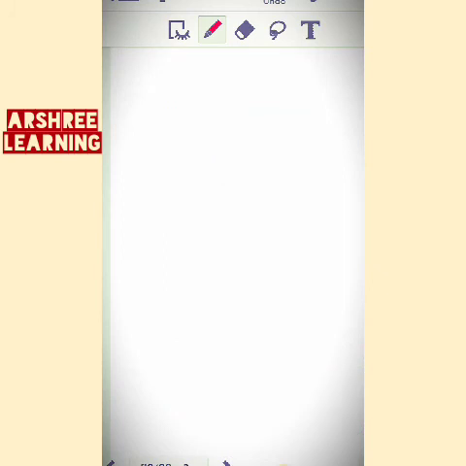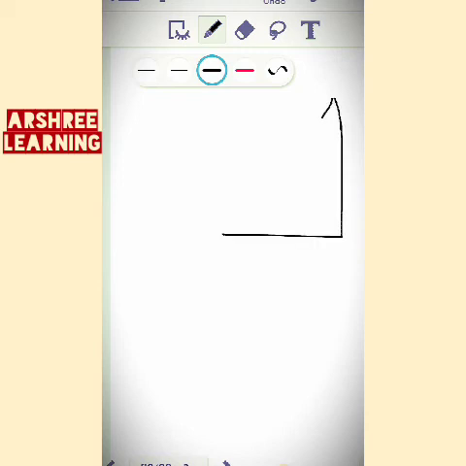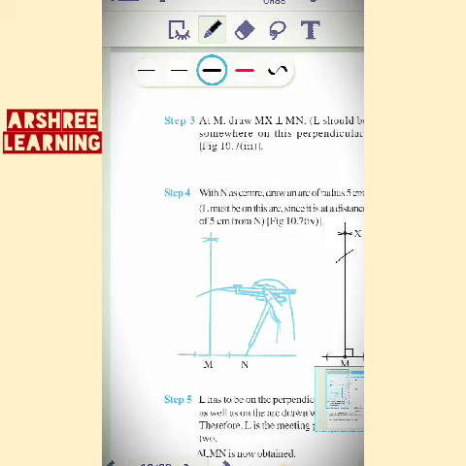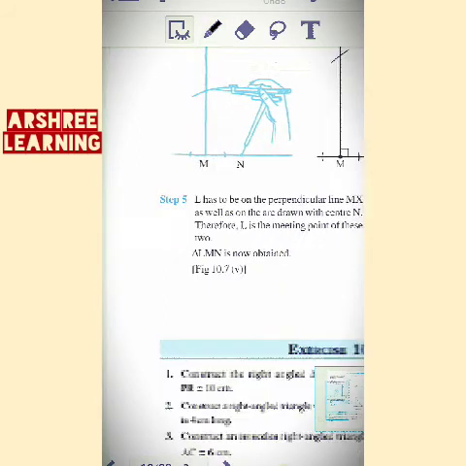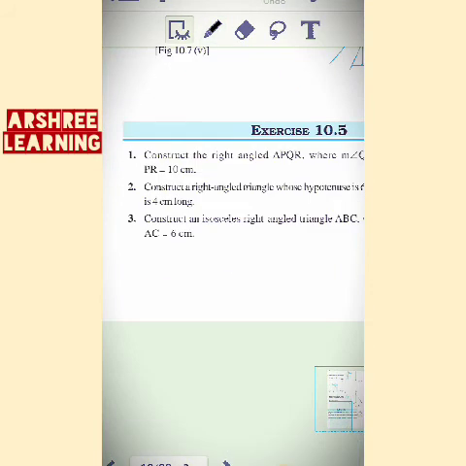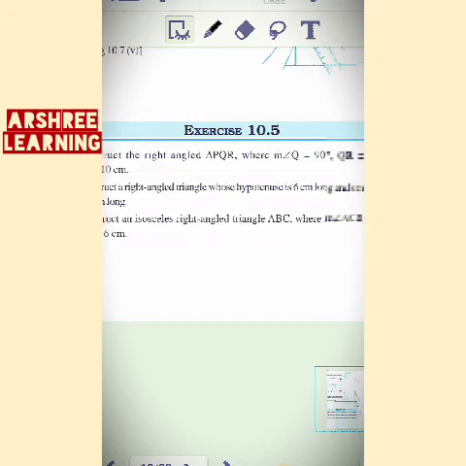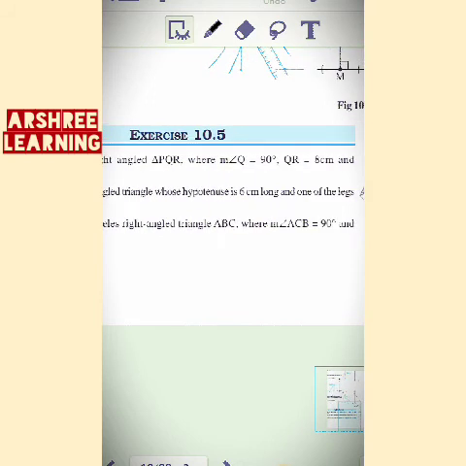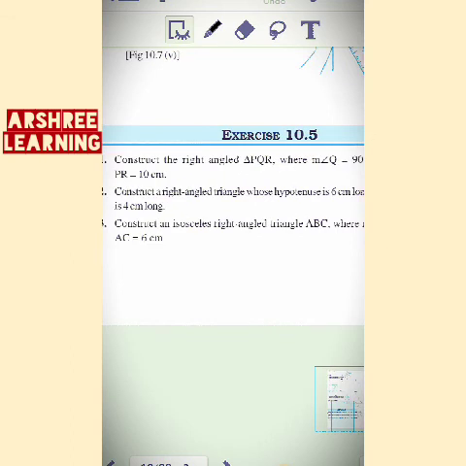So let's make a rough figure. Triangle ACB is there, and in this triangle it is given: construct an isosceles right angle triangle. So it is isosceles also and right angled also, and angle ACB is 90 and AC is given 6.